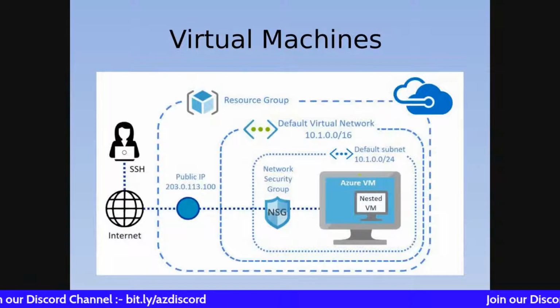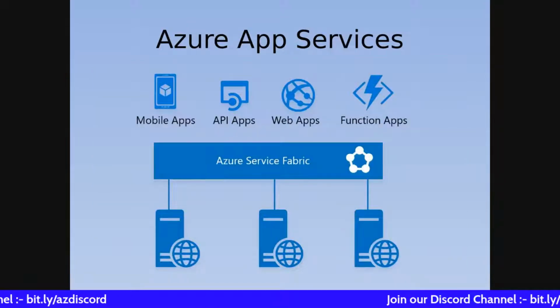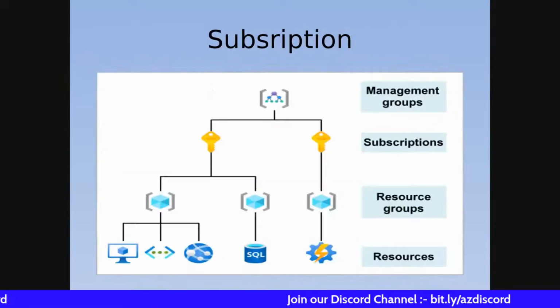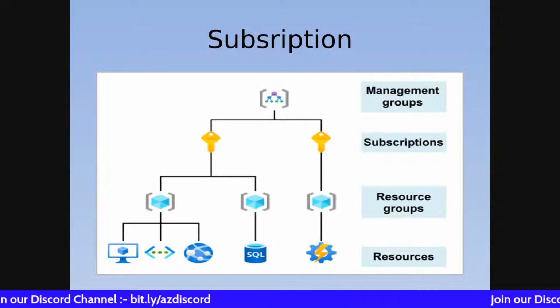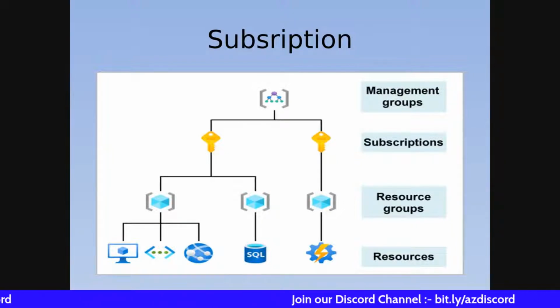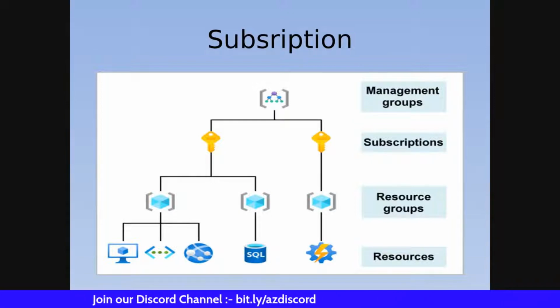Yeah, so you got to know, right? If you have a management group, you can add a subscription. You can add one more management group. Imagine you're the CEO of Microsoft. That is impossible anyway, but you have other subscriptions.